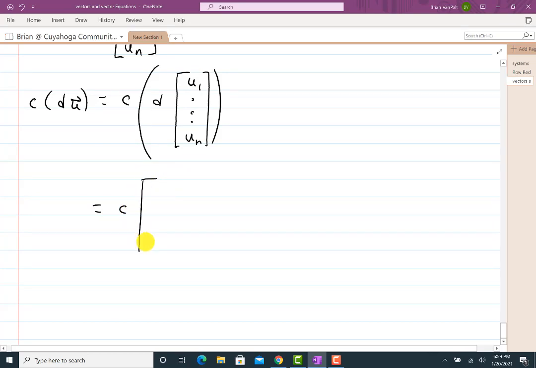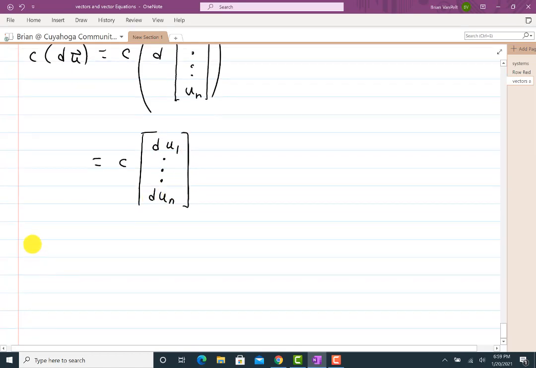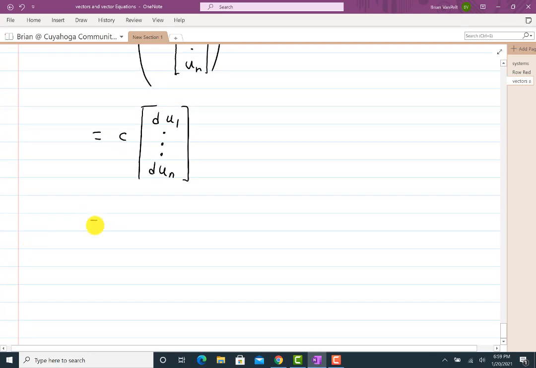Of course, when I multiply through by d, I'll drop the parentheses because I don't need them anymore. So d is being multiplied to each component. Now, by definition, the c will multiply to each component inside of there, so I'll get cd u1. And since I multiplied c times du1, I've already multiplied the d and the u1 together, so that's why the c is outside of the parentheses.